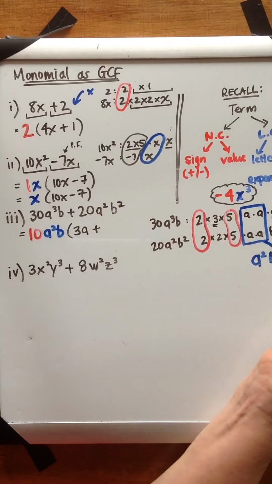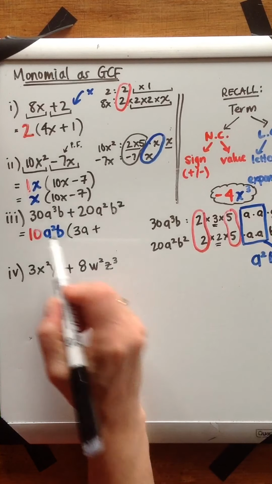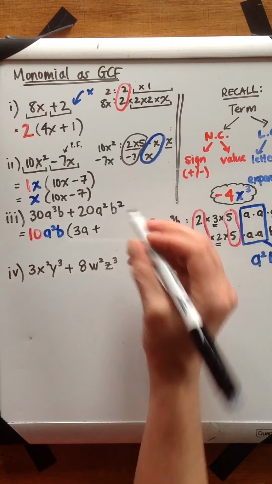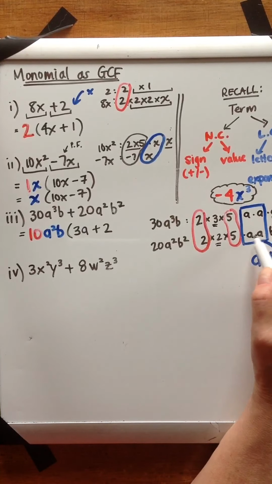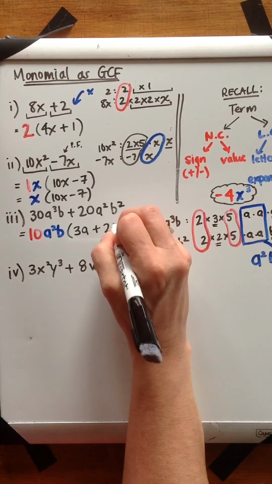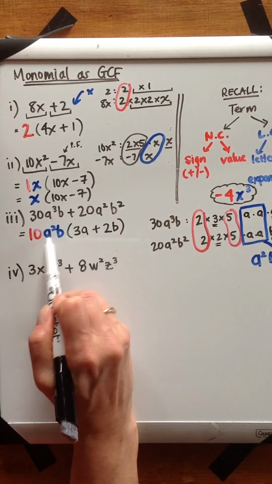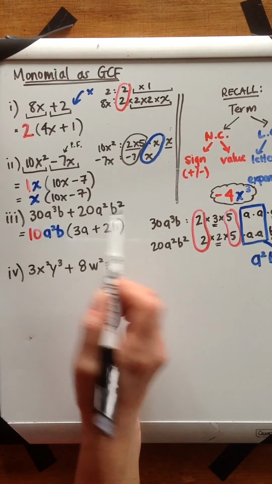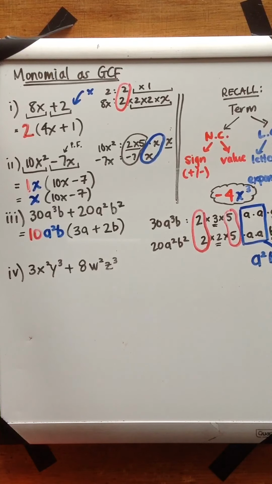Let's do the same thing here. I have numerically a 2 left over. That can be multiplied by 10 to get 20. And it looks like in the literal portion, I have a b left over as well. So again, do a quick check. If you multiply these two together, do you get 20a squared b squared? And the answer is yes, you do.